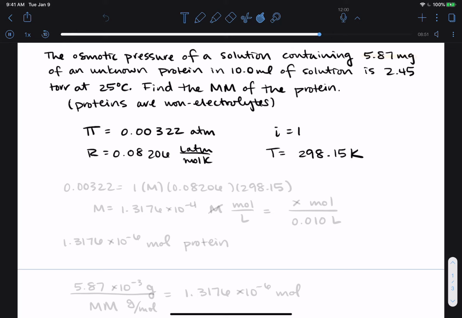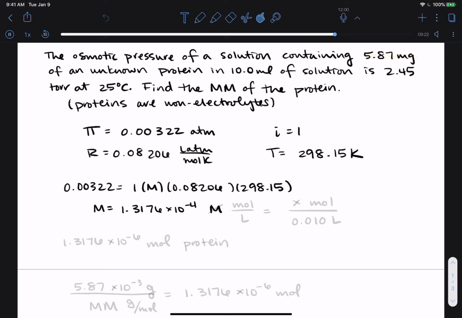All right, so pi, 0.00322 equals i times M times R times T. So the molarity of this solution is 1.3176 times 10 to the minus 4th molar.